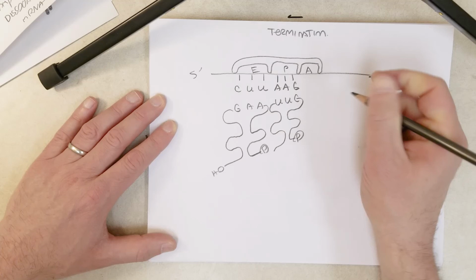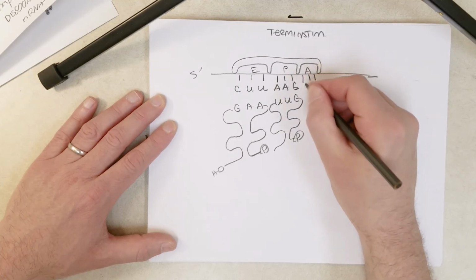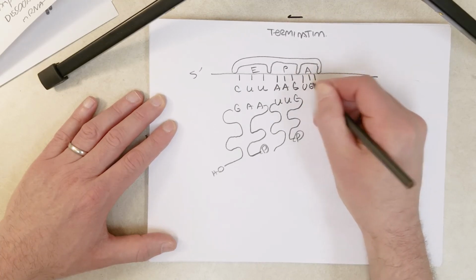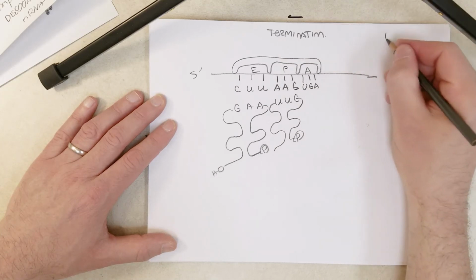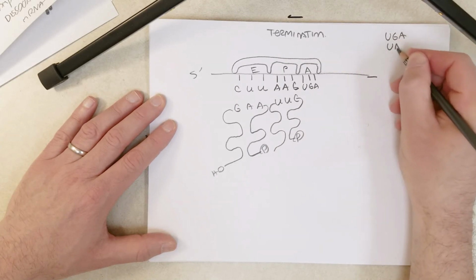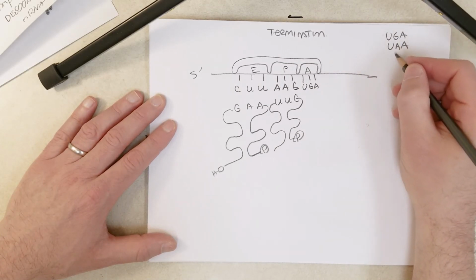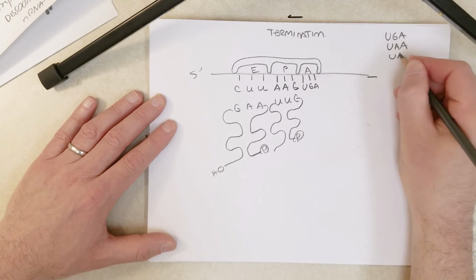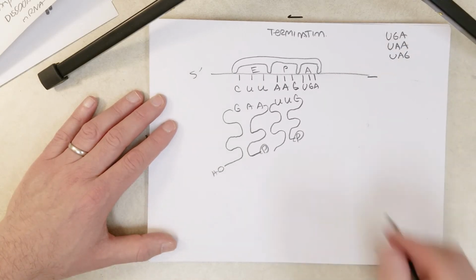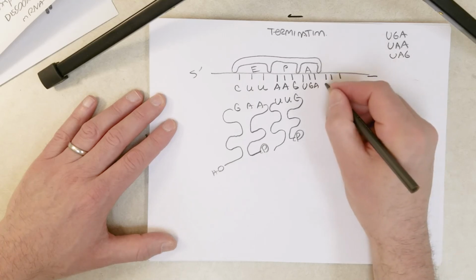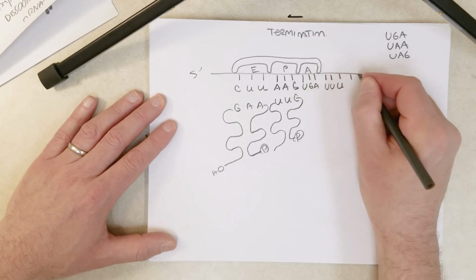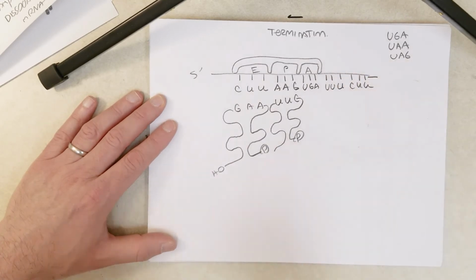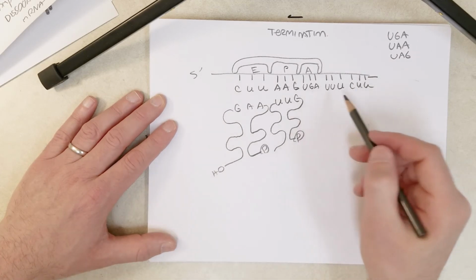Phosphates there. And let's say here is UGA, and this is one of the 3 stop codons. Stop codons: UGA, UAA, and what is the other one? I'm blanking. UAG. Then it doesn't really matter what comes after this, because they're not going to be translated. We have a stop codon here.